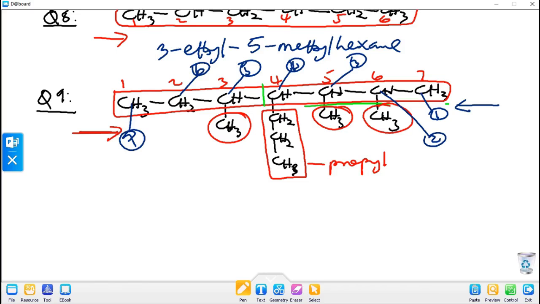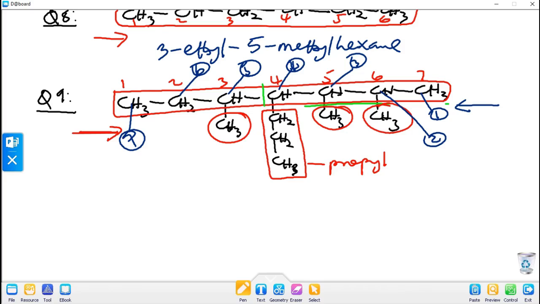If we number from the left-hand side, with red ink, the first methyl is at carbon 3, the second at carbon 5, and the third at carbon 6. Our propyl remains the same at carbon 4, whether left or right.